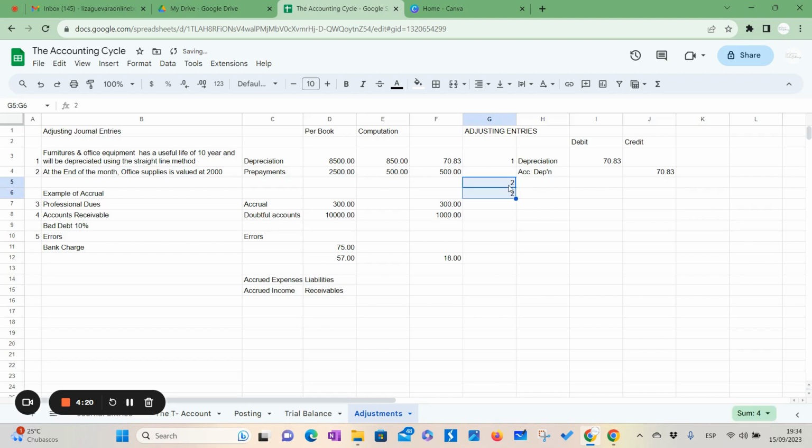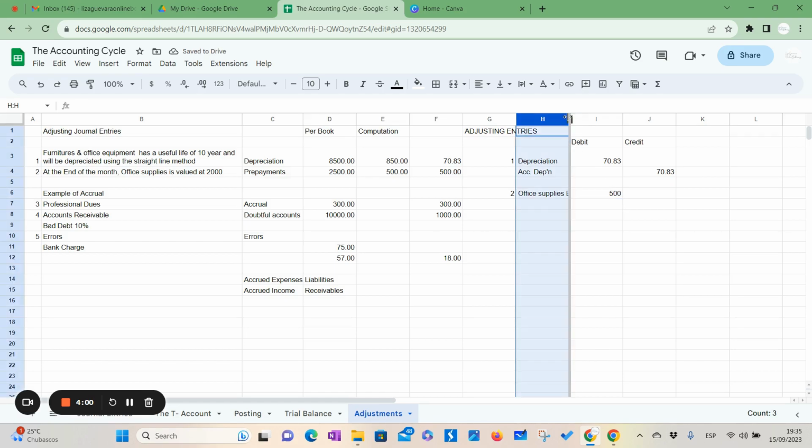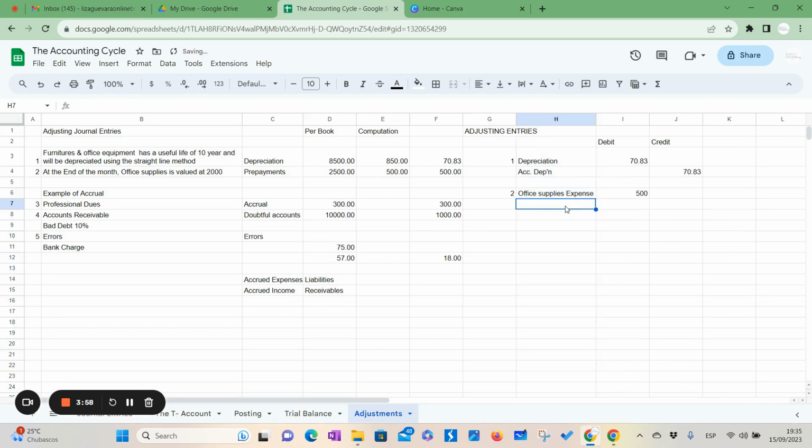Next we have to record the expense part of the prepayment. We debit office supplies expense in the amount of 500 and credit office supplies.